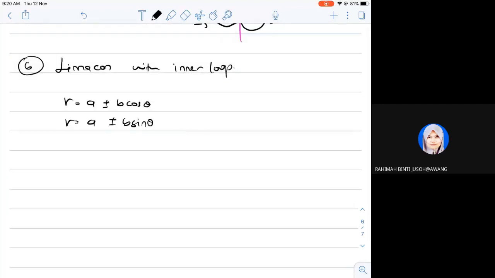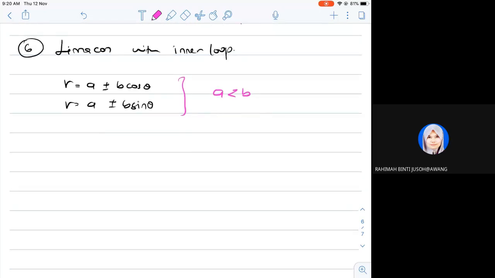For the case of a limaçon with an inner loop, the rule is like this: the value of a must be less than the value of b. For example, sketch r equals 6 plus 7 cos theta.